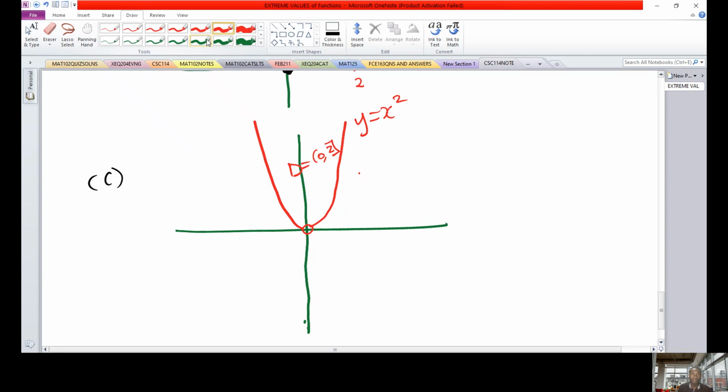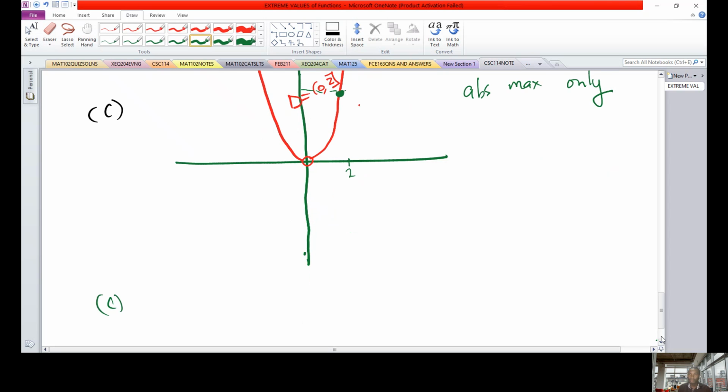This 2 is here, then we have a point. So we have absolute maximum only. There's no point here.